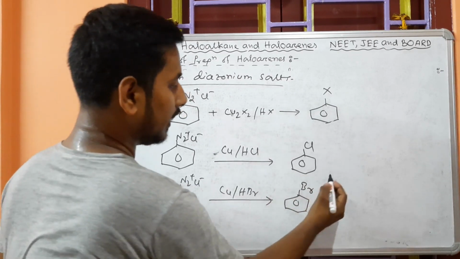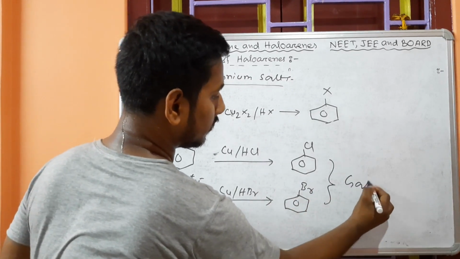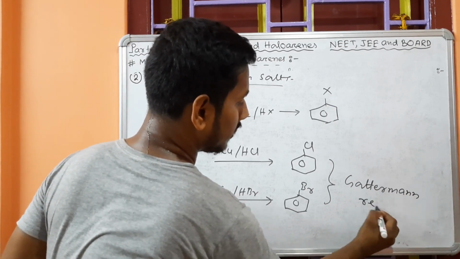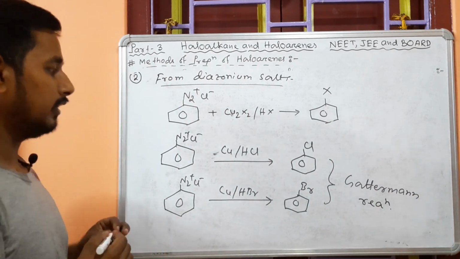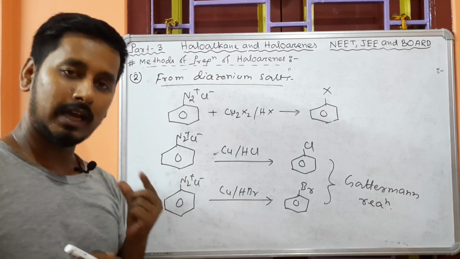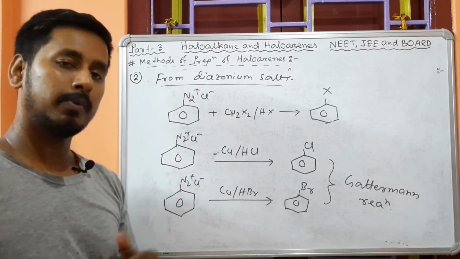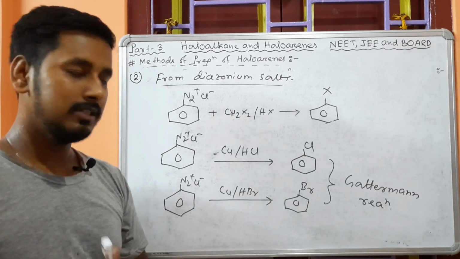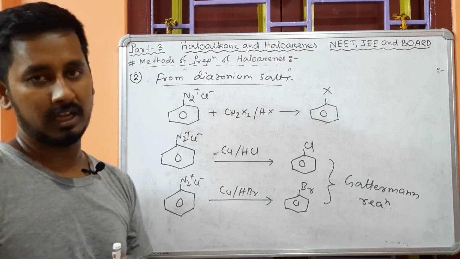This reaction is called Gattermann reaction. So in Gattermann reaction, benzene diazonium chloride reacts with copper in presence of HCl, then we get chlorobenzene.